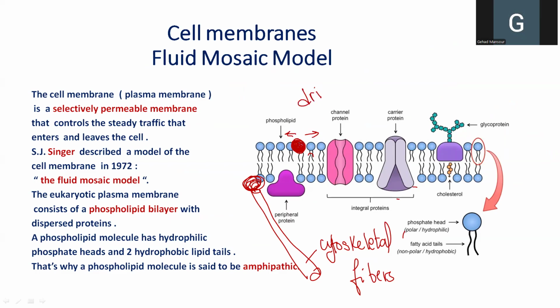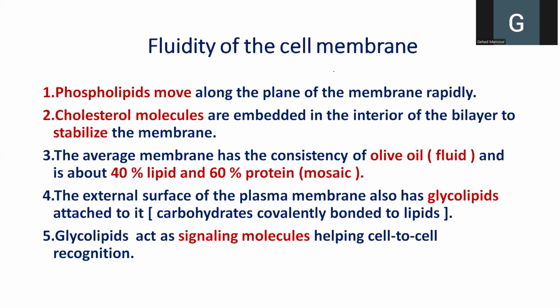We call this drift because the cell membrane is essentially fluid in nature. The fluidity of the cell membrane, we've just discussed this, and we've just said that phospholipids move along the plane of the cell membrane rapidly, and that cholesterol molecules are embedded mostly in the interior of the bilayer to stabilize the cell membrane.